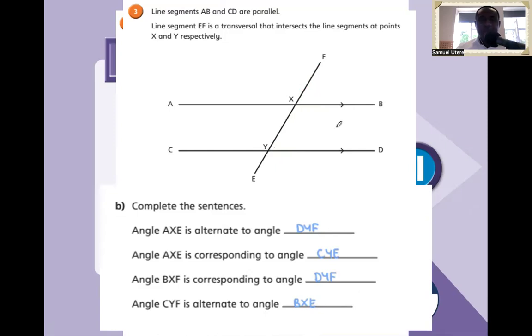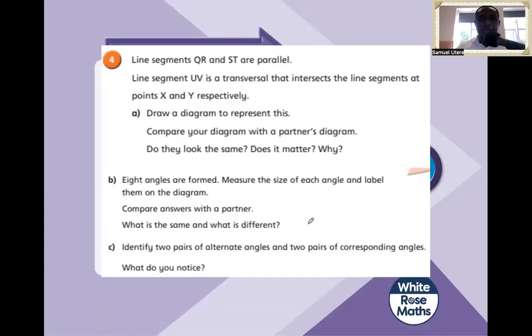So let's say, I think it's BXE. So it's that one. Okay. All right. So let's move forward. All right. Pause video and answer question 4 in 2 minutes.